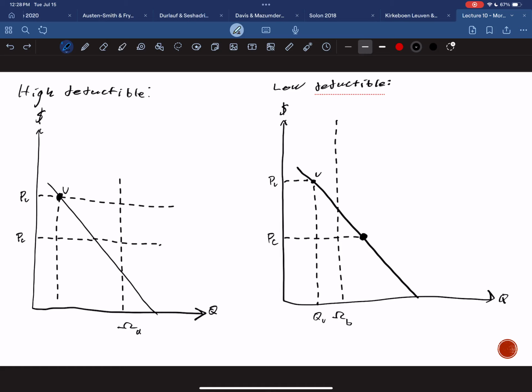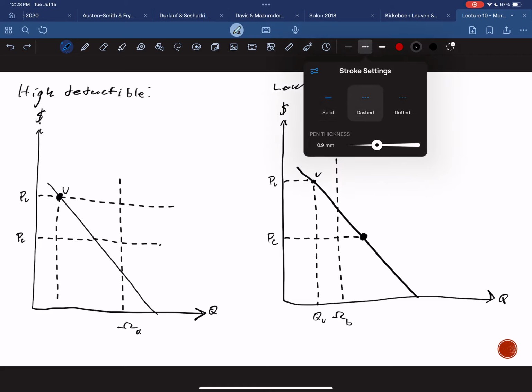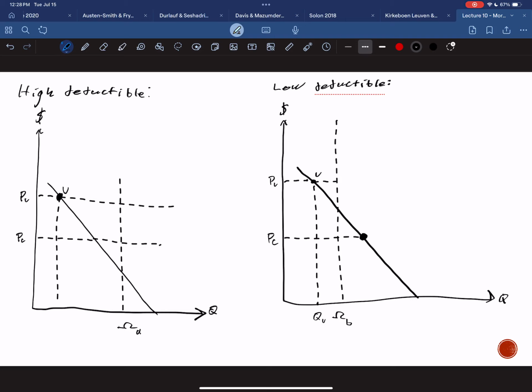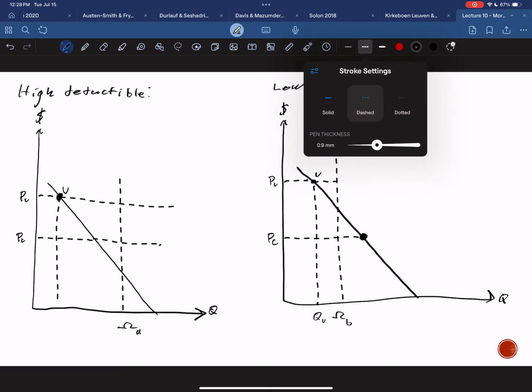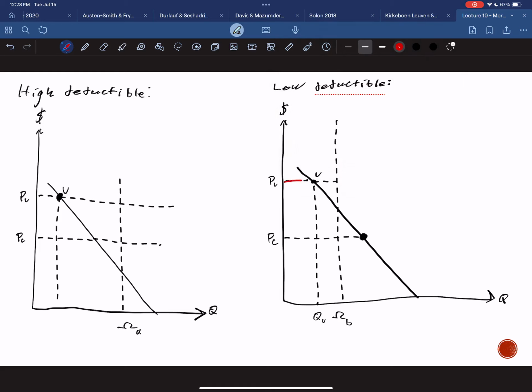And then how much am I paying for it? Well, I'm paying full price up to here. So effectively, sorry, I should draw this dashed line further, right? I'm going to pay the uninsured price up until the deductible, at which point I suddenly pay the copay price.